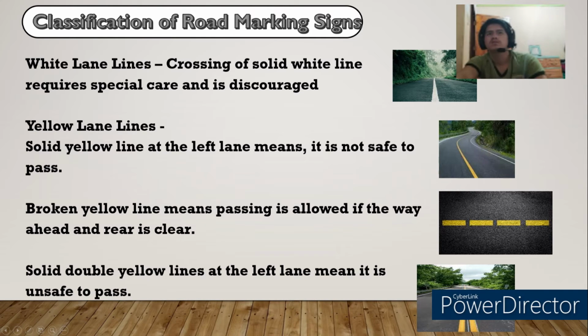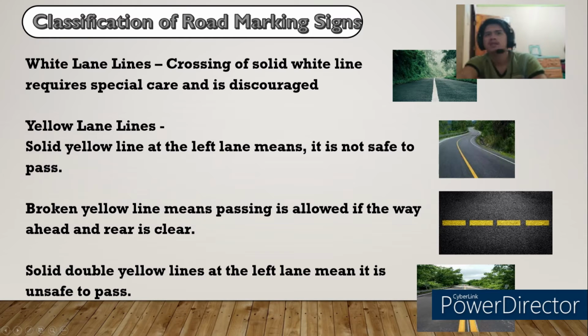Also, you cannot pull a U-turn over a solid yellow line. In this case of intersection, the solid yellow line must not be crossed unless it's an emergency, such as moving for an emergency vehicle or an accident has occurred.